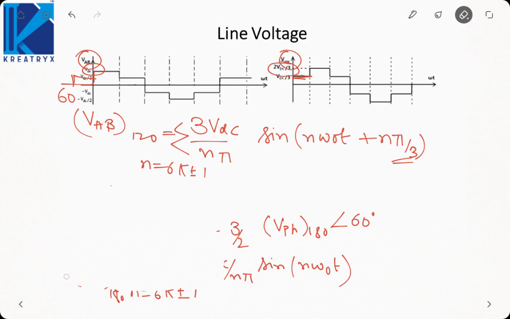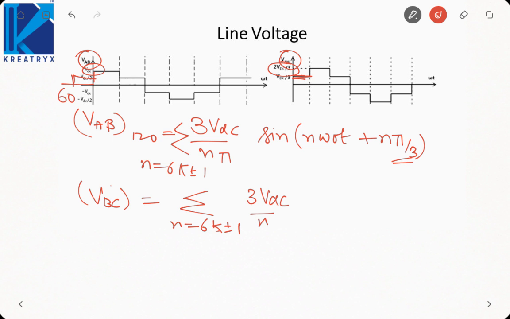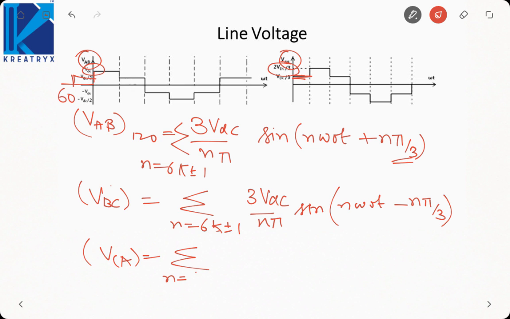Same way we can write VBC and VCA by shifting this waveform 120 degrees. 3 VDC by n pi sin n omega naught t, 60 minus 120 is minus 60, and VCA is 3 VDC by n pi sin n omega naught t, 60 plus 120 will be 180.